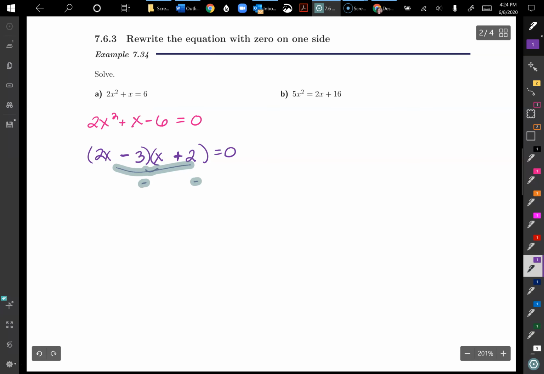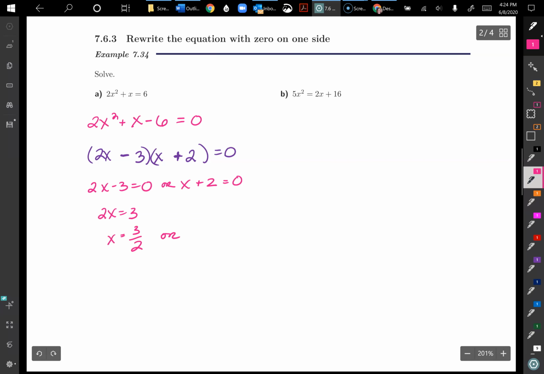So good reinforcement of what you were just working on. And now I need to set each factor equal to 0 and solve. So 2x equals 3, then x equals 3 halves, or x equals negative 2. If I wrote that in set notation, it looks like this.